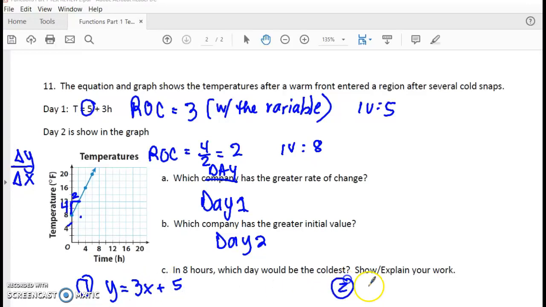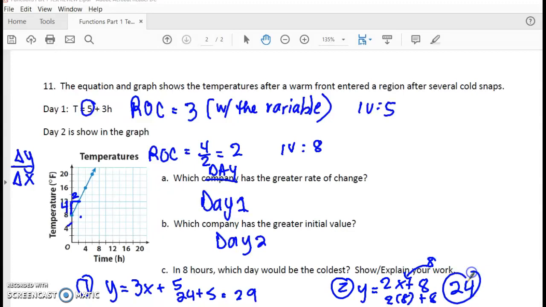The day 2 equation will be y is equal to 2x plus 8. We put 8 in there, so that'd be 24 plus 5, which would be 29. And we put 8 here, so that'll be 2 times 8 plus 8. 2 times 8 is 16. 16 plus 8 is 24. So which day will be the coldest? The coldest day will be day 2, because it has the lower temperature.